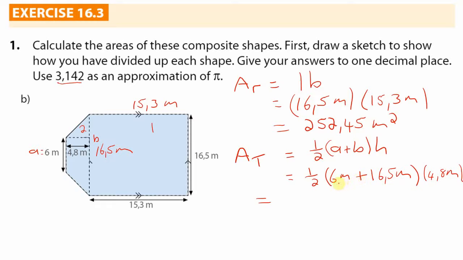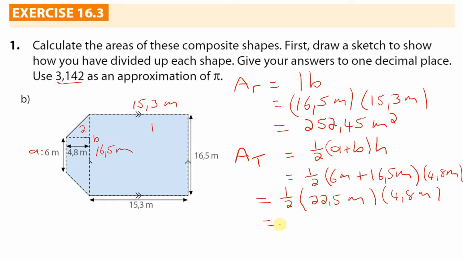So brackets first, according to BODMAS. So we have half times 6 plus 16,5, that is 22,5 meter, times 4,8 meter.